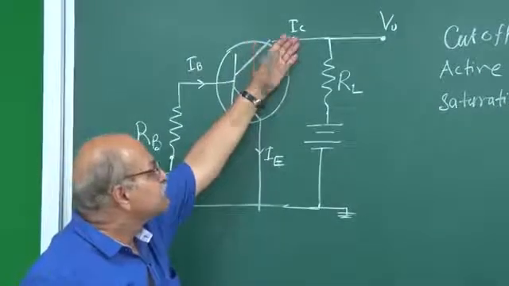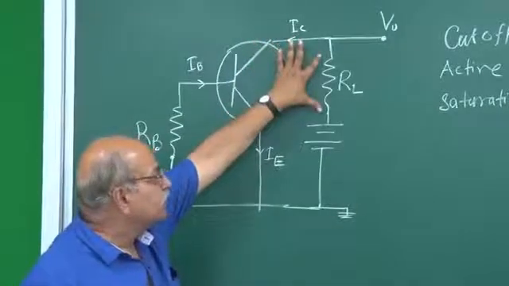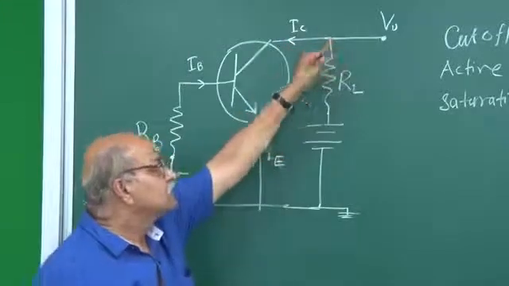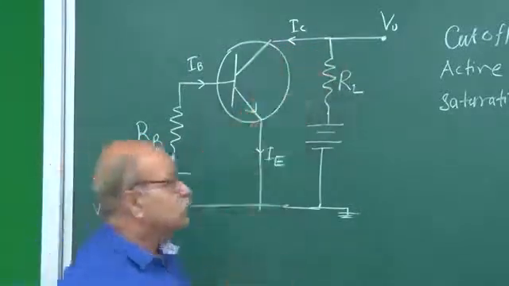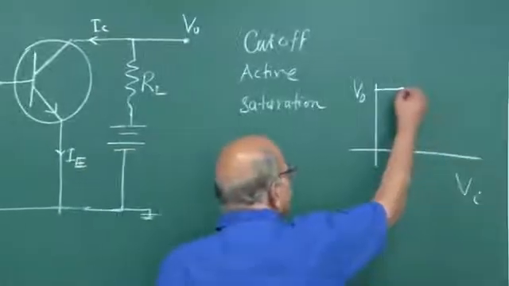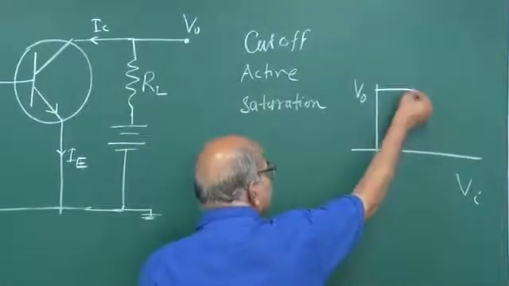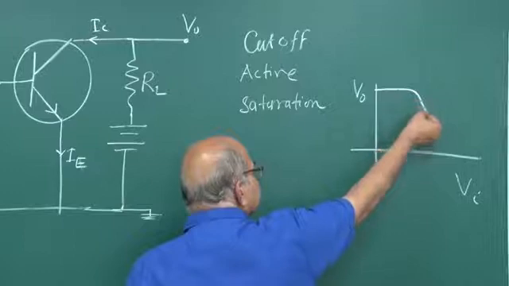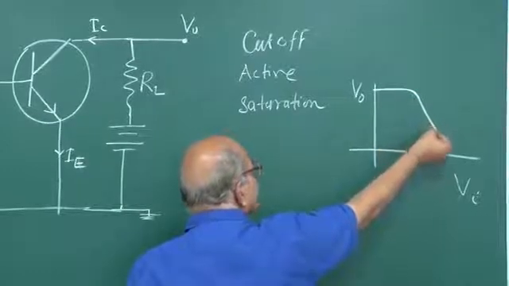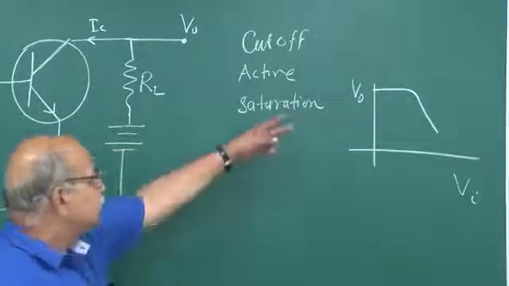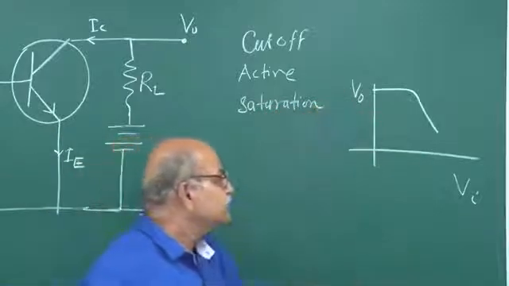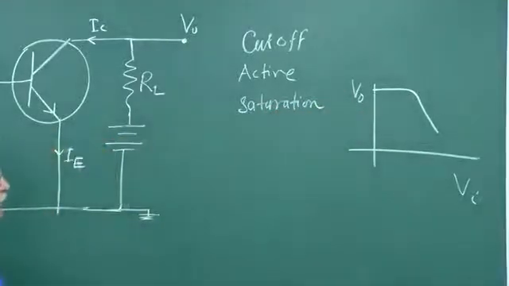Once IC appears, there is a drop on this RL, and this output voltage decreases. So initially it will not be proportional, it will go like this, but then it will become linear, so that the change in VO is proportional to change in VI. Okay, and that is the voltage gain.